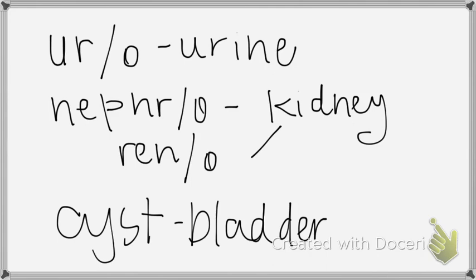And urethra, U-R-E-T-H-R-O, is urethra. And so you'll see the urethra, when you look back at 208, is kind of the exit that leaves the bladder. So we're about to practice those words.